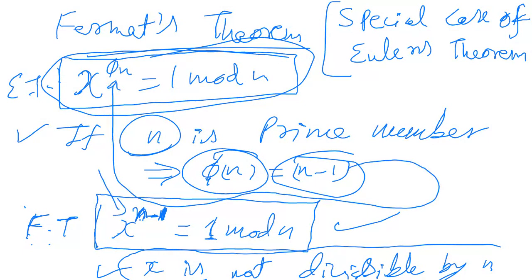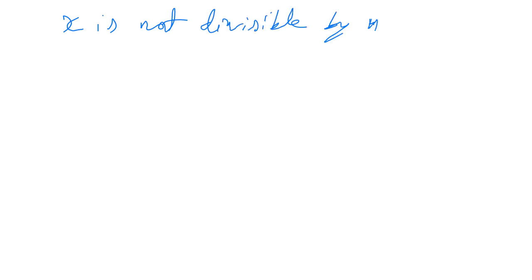So let's take an example for this. X is not divisible by n means x is not congruent to 0 mod n.